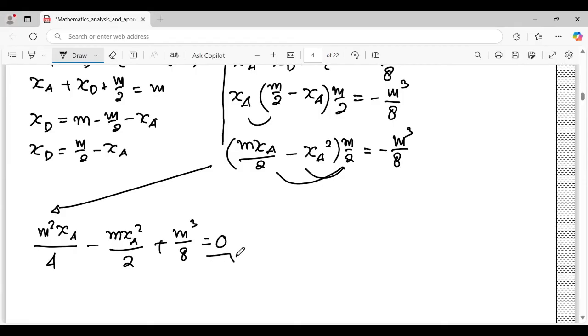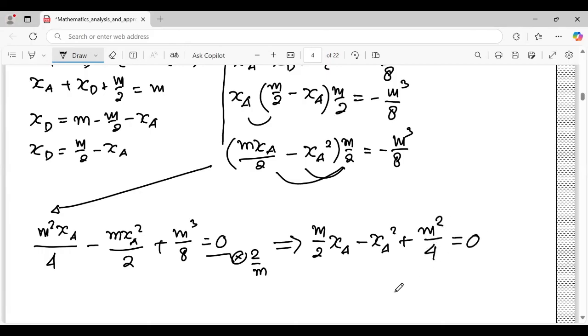Now multiply all terms by 2 over m. If multiplied by 2 over m, this is m over 2 xa, minus 1 xa squared, plus, sorry, m squared over 4 equals 0.